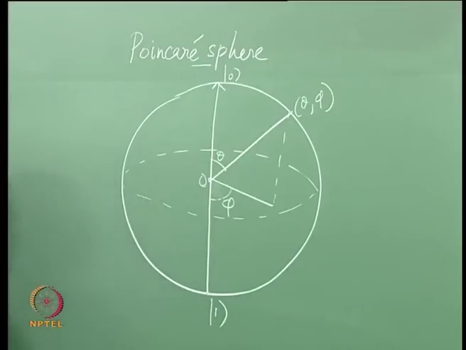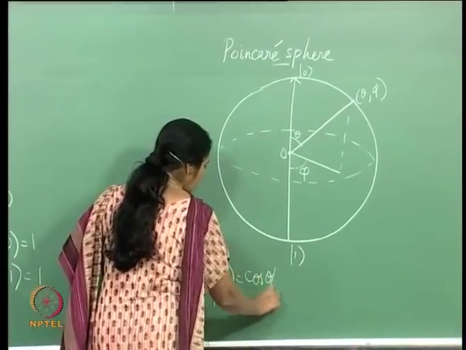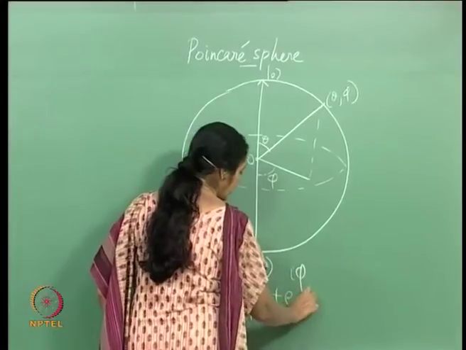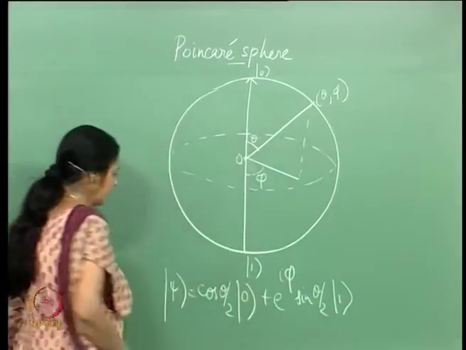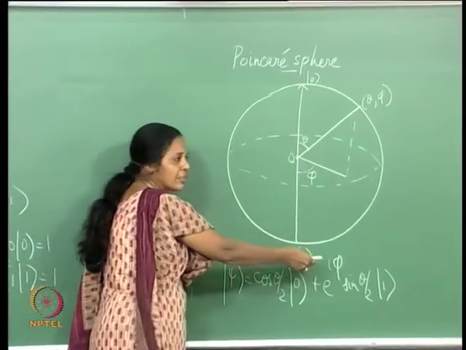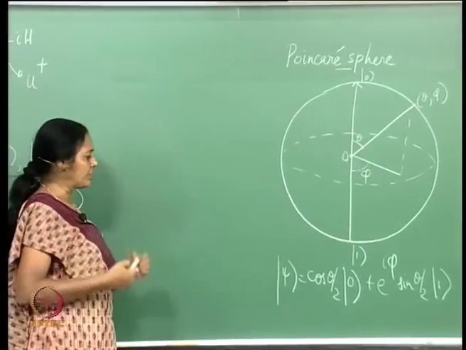So, I can represent any qubit here as cos theta by 2 ket 0 plus e to the i phi sin theta by 2 ket 1. And as theta and phi take different values, I get various qubits all sitting on top of the sphere.